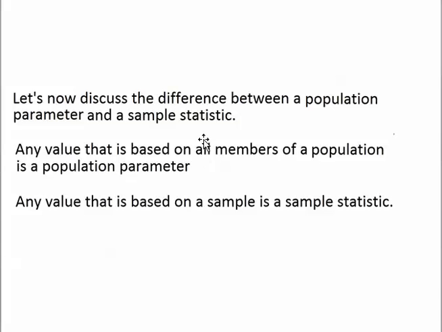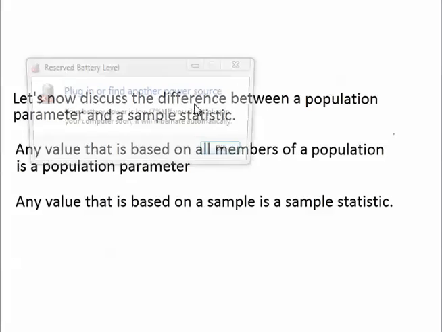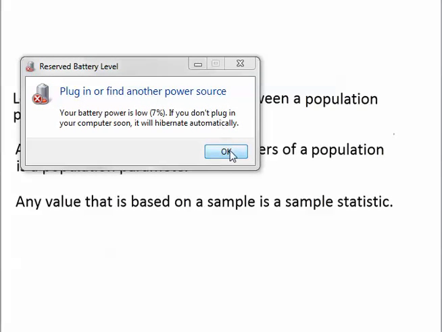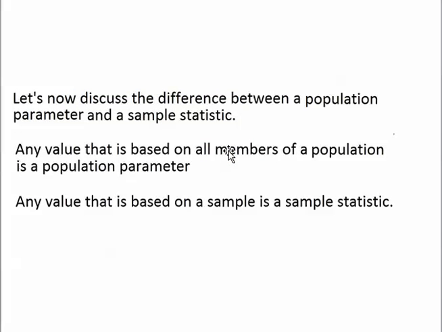Researchers are often interested in what population parameters equal. For example, a researcher might be interested in what the mean GPA of the entire US college student population equals. But researchers usually can't calculate population parameters because they don't have time to collect data from all population members.